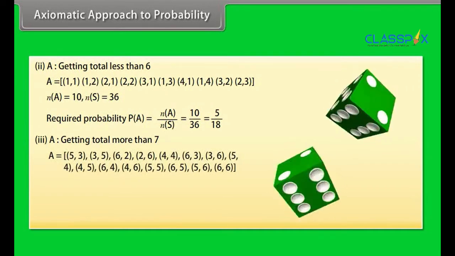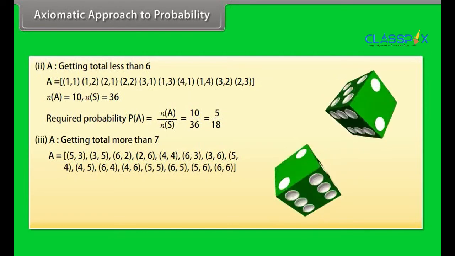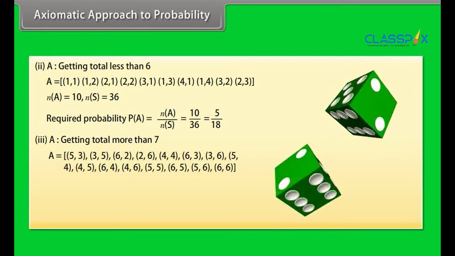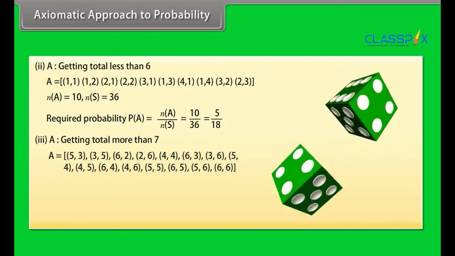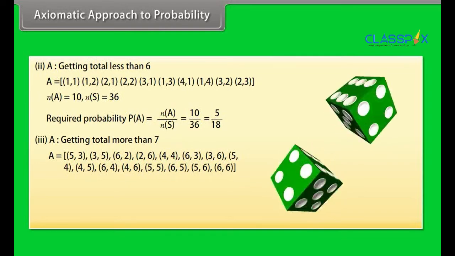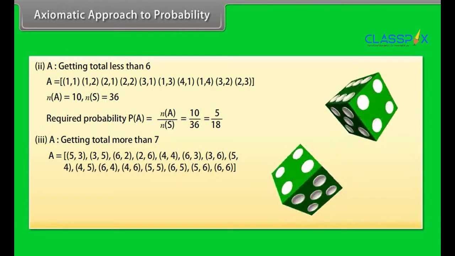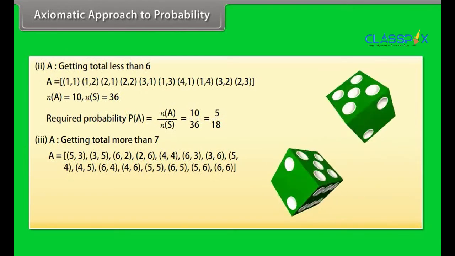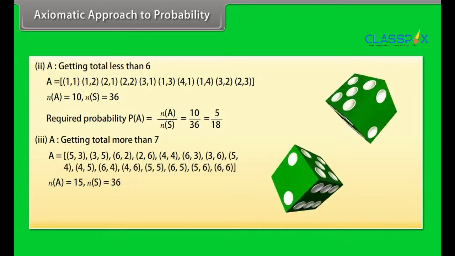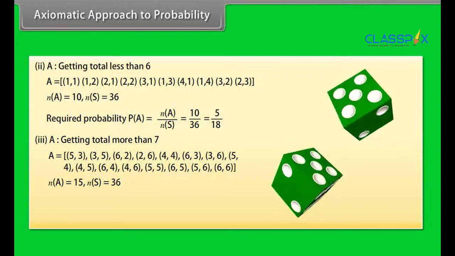3. A: getting total more than 7. A is equal to {(5,3), (3,5), (6,2), (2,6), (4,4), (6,3), (3,6), (5,4), (4,5), (6,4), (4,6), (5,5), (6,5), (5,6), (6,6)}. n(A) is equal to 15. n(S) is equal to 36.